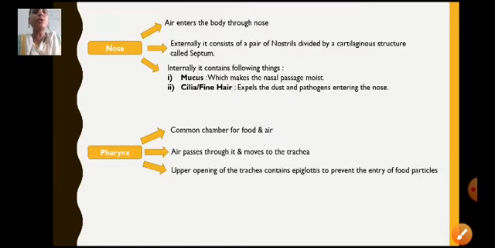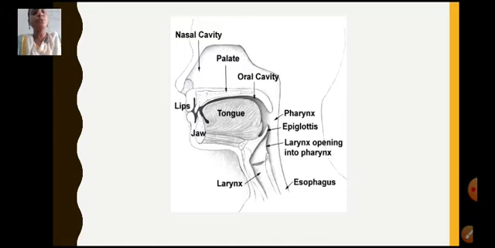Now let us see what else the nose contains. It is divided into a pair of nostrils by a cartilaginous structure, that is the septum. Internally it has mucus and fine hair, which is also known as cilia. Now what is the role of this mucus?